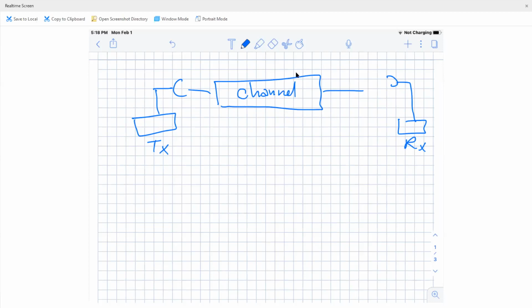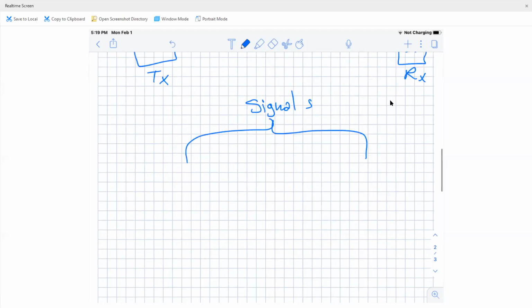Okay, now I'm going to tell you some principles to understand what's going on. Look, please. First of all, in a communication system, we have two kinds of signals. In communication point of view, signals can be divided broadly into two kinds.